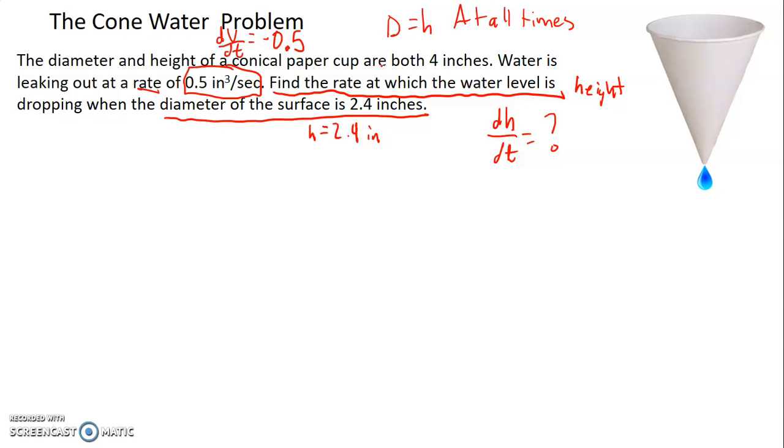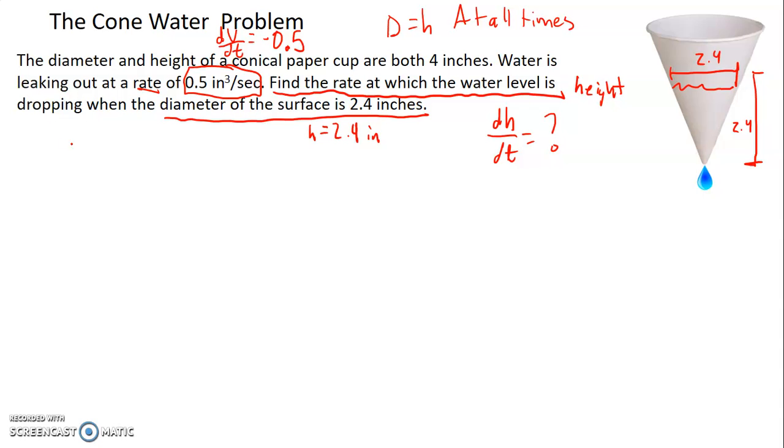We're dealing with a cone, so we know we're going to need the volume of a cone. Right now we're at the point where the diameter is 2.4, which means that the height is also 2.4, and we want to know how quickly the height is changing at this instant.